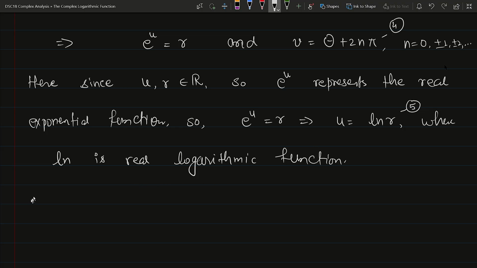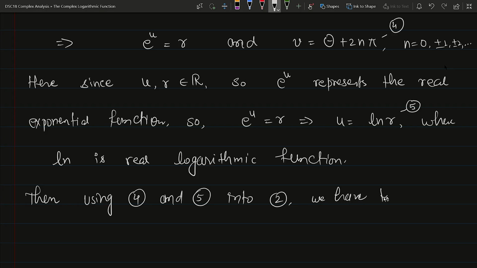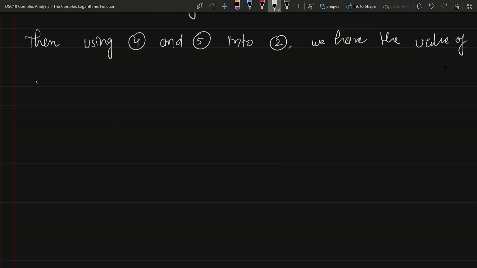Now, using 4 and 5 in 2, that was the w, we have the value of w as w equals, u was the real part, ln r, plus v iota times uppercase theta plus 2n pi, right?